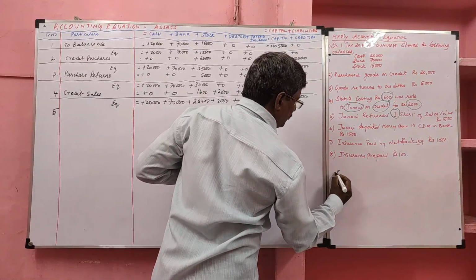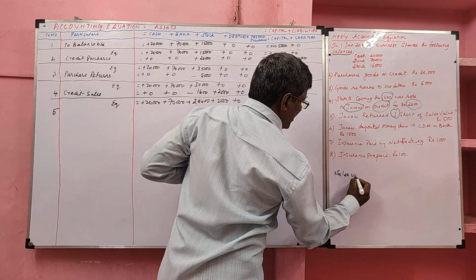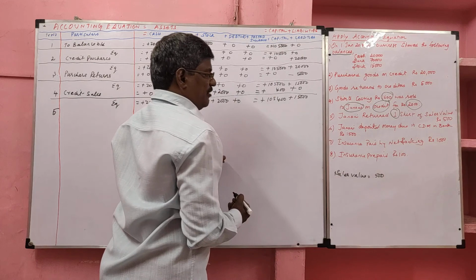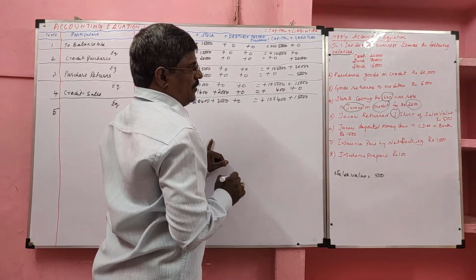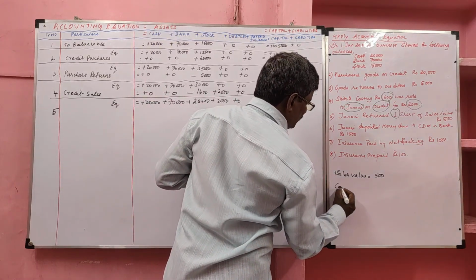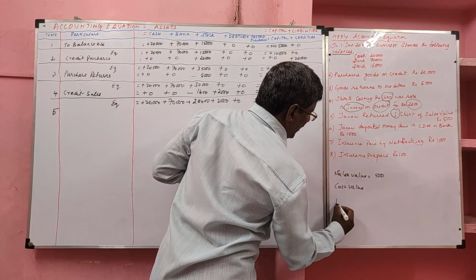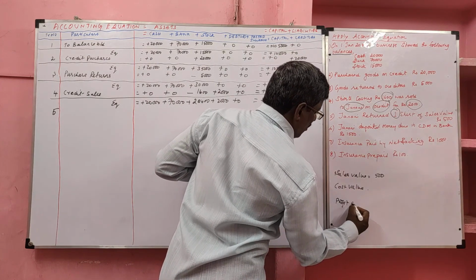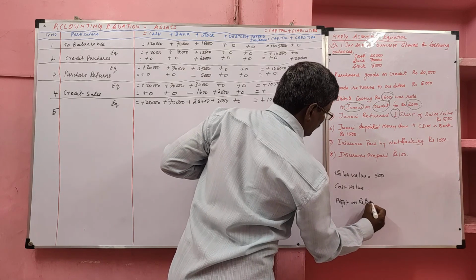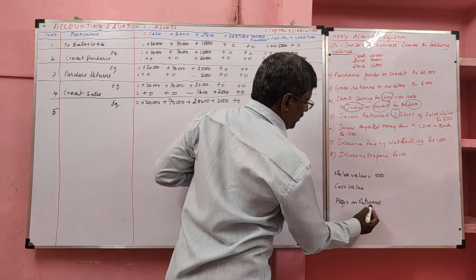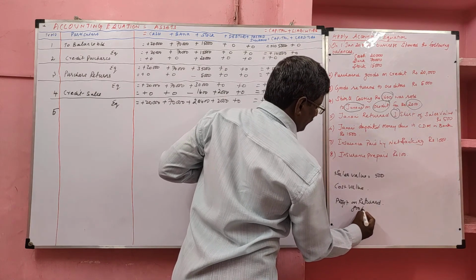Sales value of returned goods is given. We have to find the cost value of returned goods and the profit on returned goods. These two we have to find.